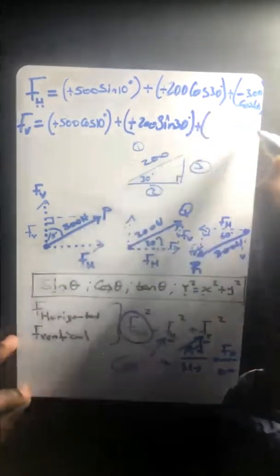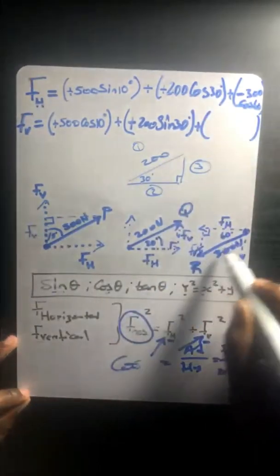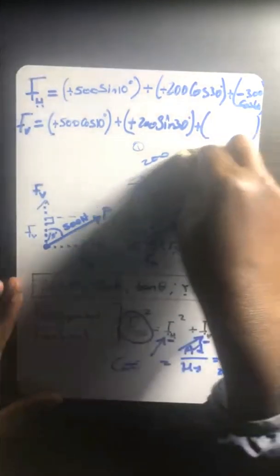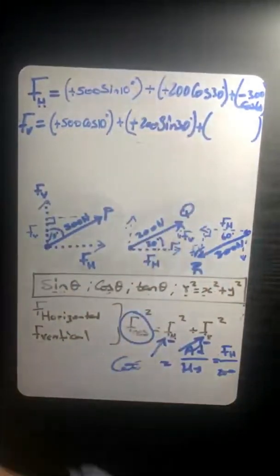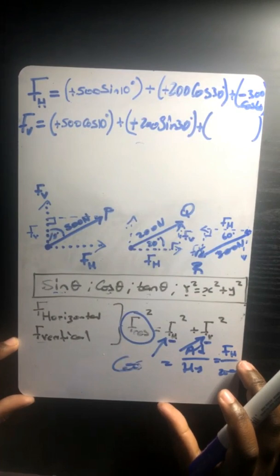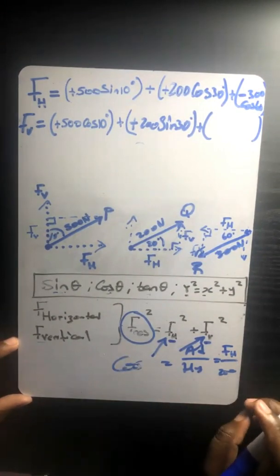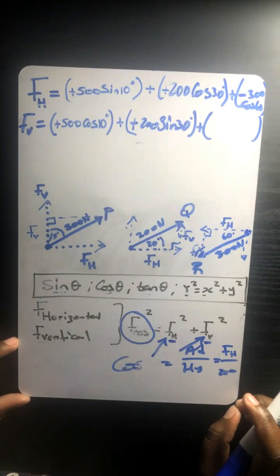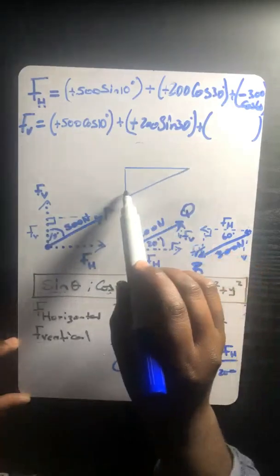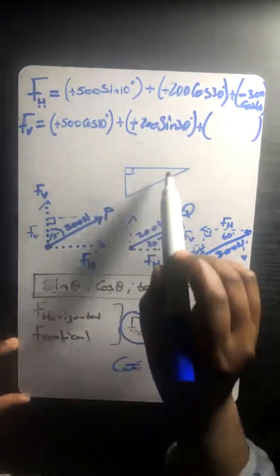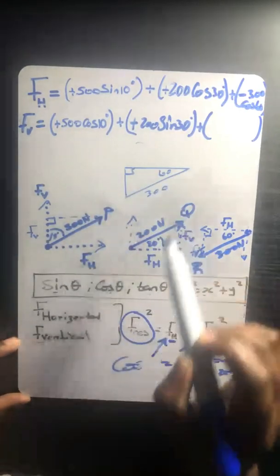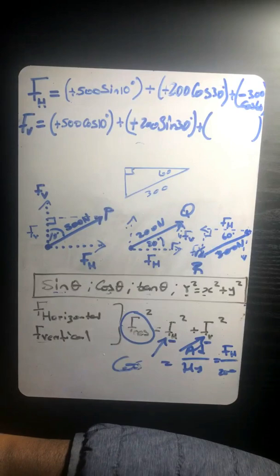Then you say plus, and then you do that last triangle there. Anyone to give it a try for the last triangle? Lee, give it a try. We're going to use sine. Okay, let me try to draw it. So we have 60 there, and then we have 300 there. Okay, Lerato, go for it.